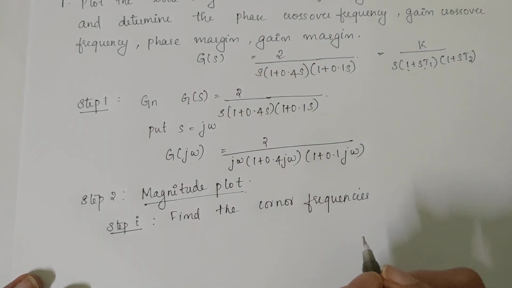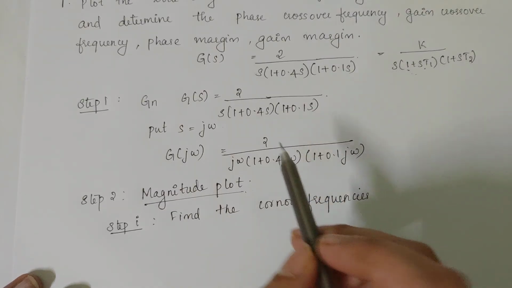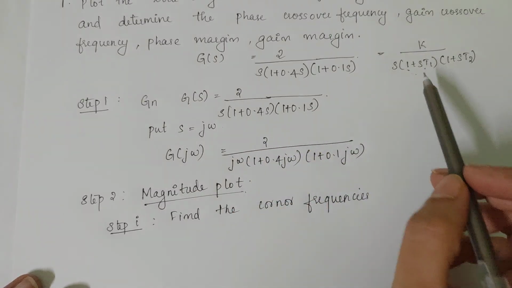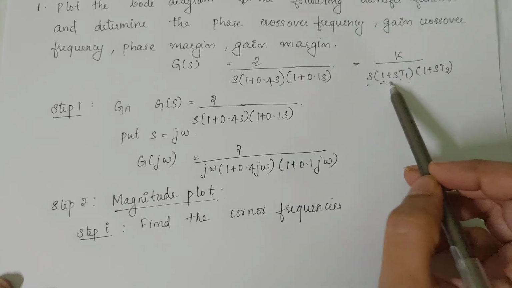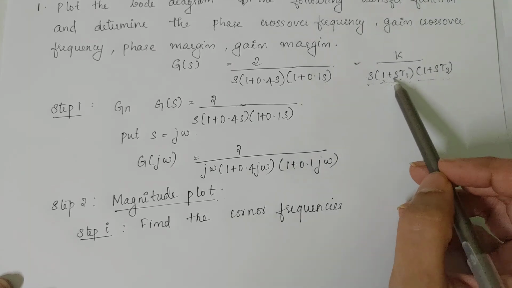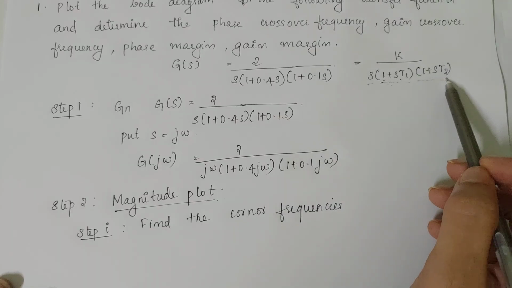So how can we find the corner frequency? From the general equation you should take these two terms, that is 1 plus sT1 and 1 plus sT2.